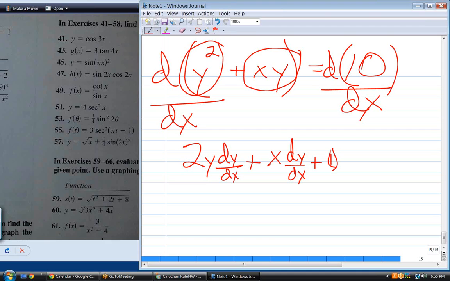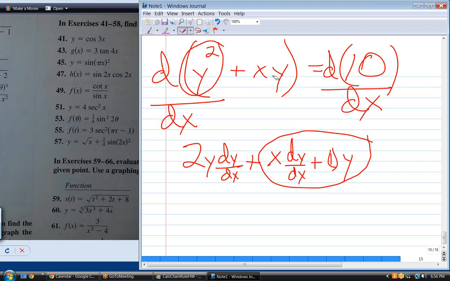I guess I could, because dx dx is also 1. But I do have to follow it with y. And notice I do not follow that y with a dy dx, because I didn't differentiate y. The second part of that product rule, I was only differentiating x, right?